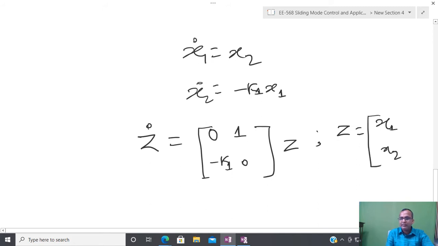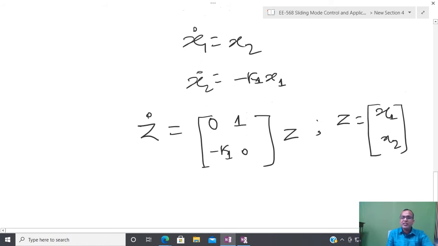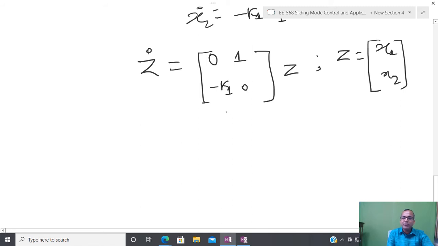Now try to see this dynamics. If all eigenvalues of this are real and strictly negative, then I can conclude that x1 and x2 both tend towards 0. We have already seen this point. So first try to check the eigenvalues of this particular matrix.